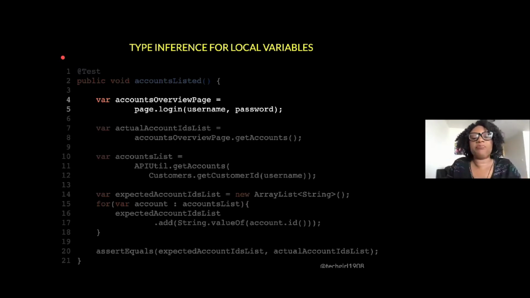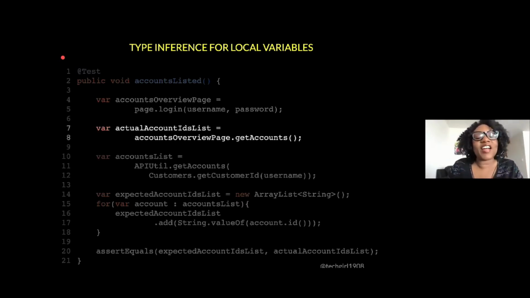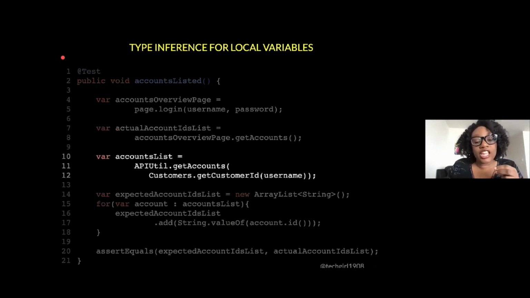So yay me. However, here I needed to change the variable name from actual accounts to actual accounts IDs list so that it's clear that this is a list and it's holding the account IDs. For this one, I also changed the name from accounts to accounts list so that it's clear this is a list holding account objects.